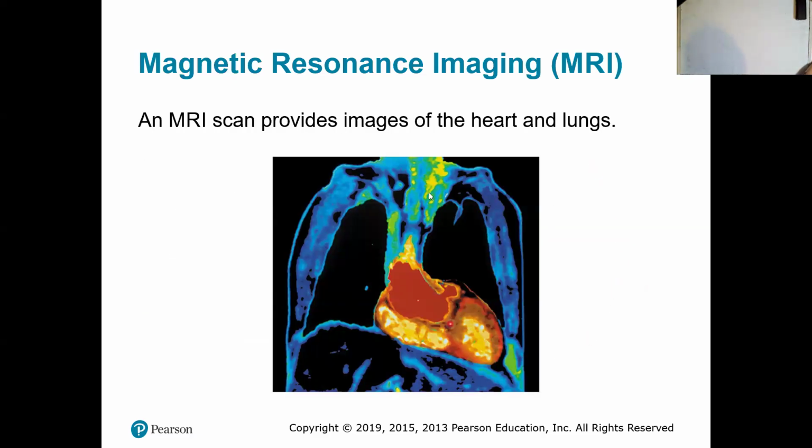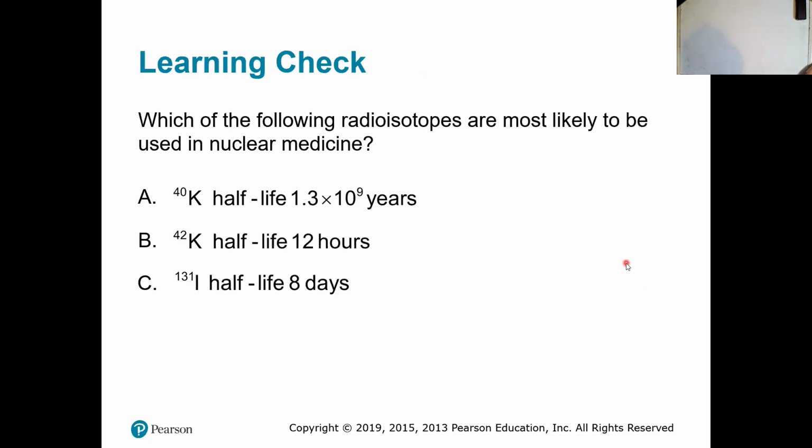All right, so these different colors are all representing different energy values in that absorption process. And this learning check is just to reiterate the fact that the radioisotopes that you want to be using for nuclear medicine are the ones with the shortest half-lives possible. So something like potassium-40 has a half-life of 1.3 billion years.